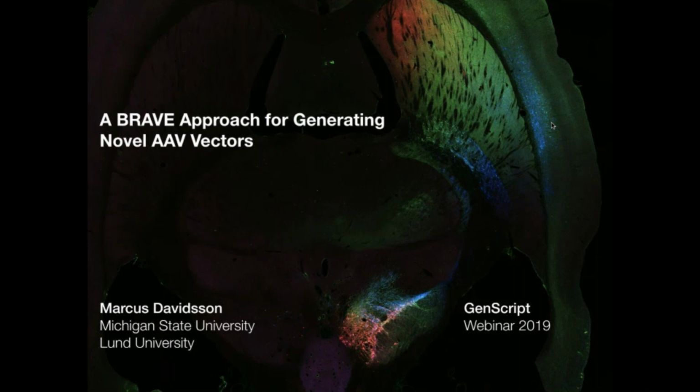Thank you very much for the introduction, Kimberly, and thank you all for listening. And today I would like to talk about how to use oligo pools to generate new AAV vectors.